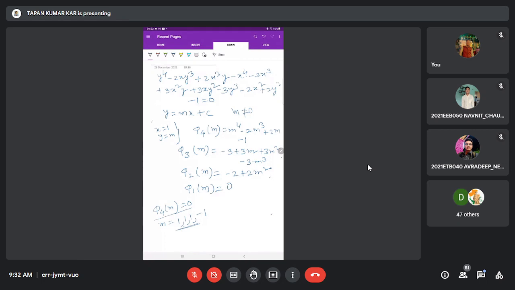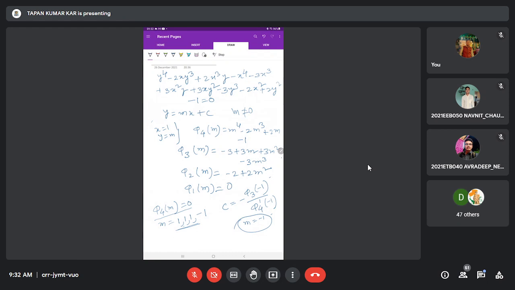The formula is C equal to minus phi 3 minus 1 by phi 4 dash minus 1 at m equal to minus 1. This is the formula. But if there are repeated roots, then this formula fails. Why? Because this denominator term will be 0 at 1.